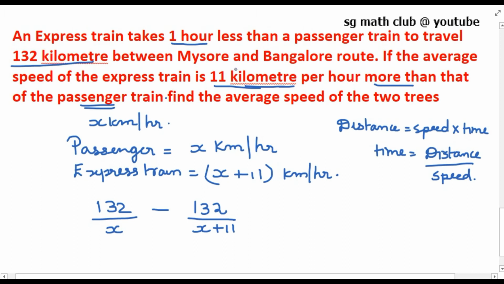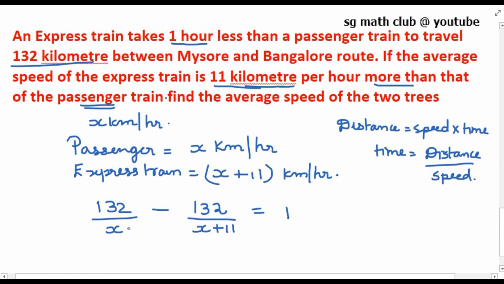It will take 1 hour more. So I can write 1. So 132 by x minus 132 by x plus 11 equal to 1. They have given that the express train takes 1 hour less than the passenger train, the meaning is the passenger train takes 1 hour more than the express train.